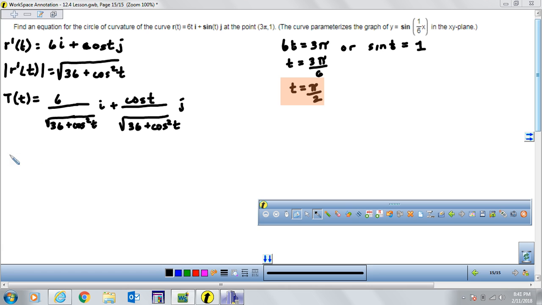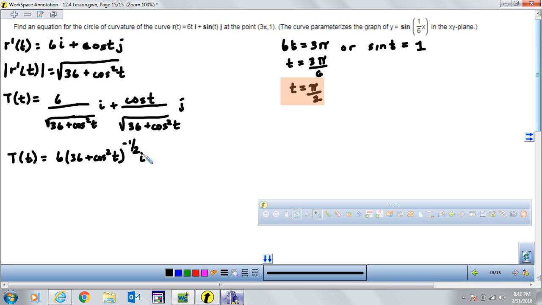So to get the normal vector, we need the derivative of this tangent vector. But again, since that's a quotient, it is easier to make it a product, so we can apply the product rule. This is the same as the power of 1/2, so I'm going to move it to the top as a negative 1/2. So that would be 6 times 36 plus cosine squared of t raised to the negative 1/2 power. That is my i component.